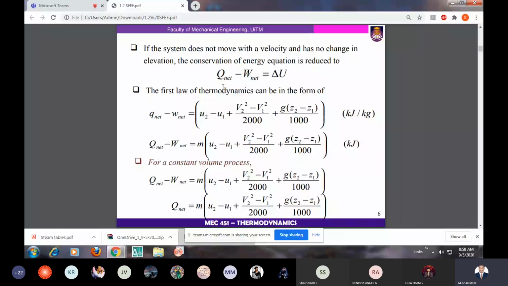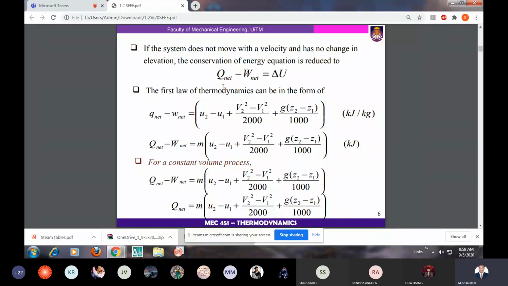So we are taking the velocity of the system as 0, and we are neglecting the potential energy. If velocity is 0, the kinetic energy will be 0. If elevation is 0, the potential energy will be 0. I hope you know about kinetic energy and potential energy. Yes, you have already studied them in physics.